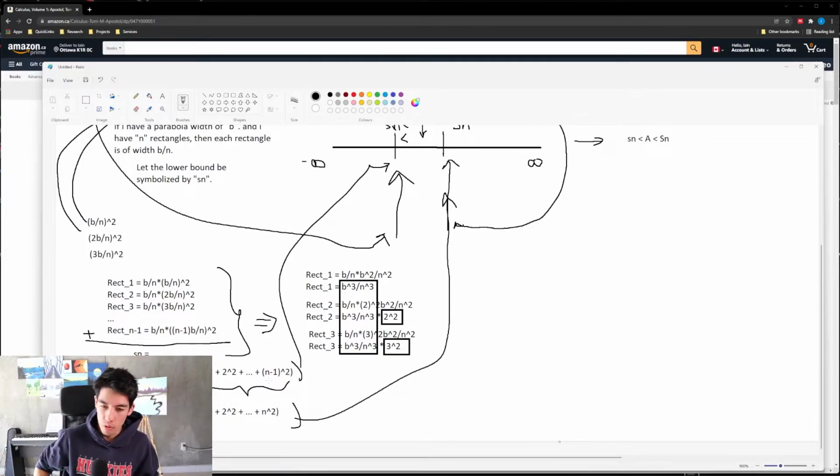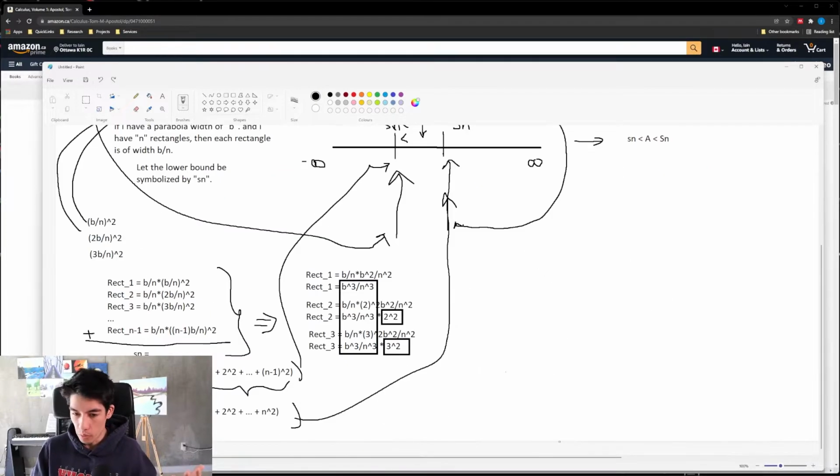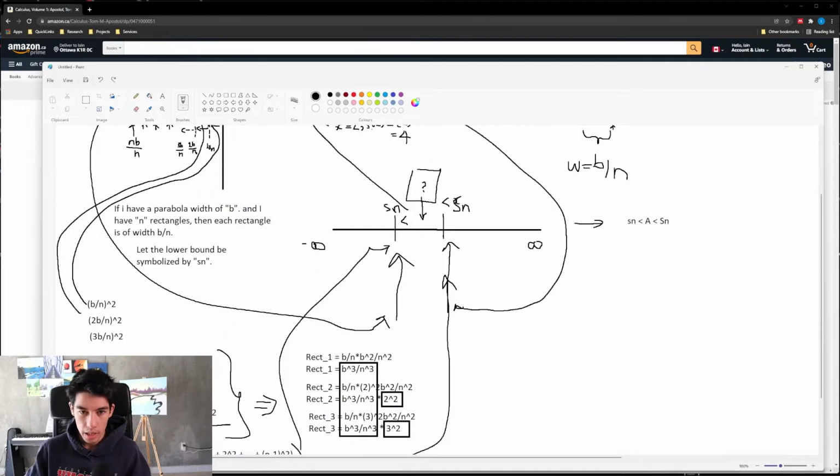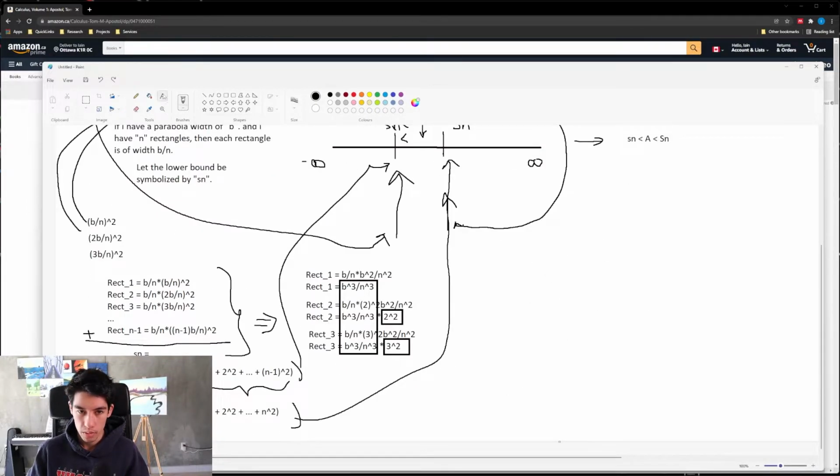And that compact form may help us to make further algebraic modifications that will allow us to actually calculate this number. So, what is the sum of squares? There is a formula for this, and we'll derive it in order to actually figure out what the area of the parabola segment is.